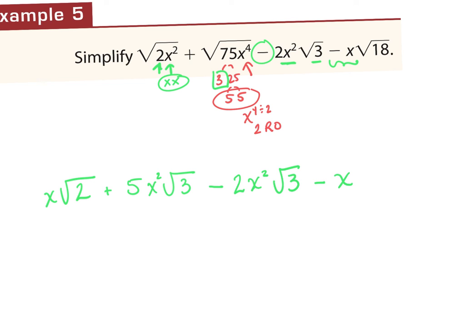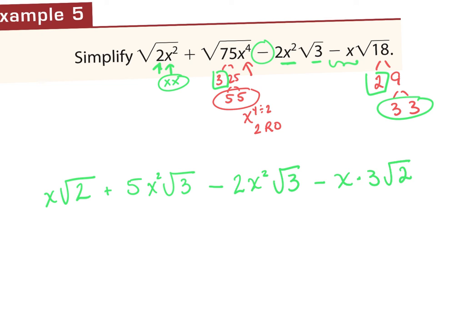Minus x, right? Then we can simplify this 18. How do I simplify it? 2 and 9 and 3 and 3. What comes out? 3. What stays in? A 2. All right.